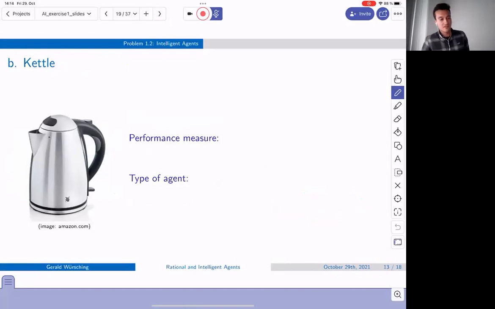So they're all correct answers. In this case, we just said the performance measure for a very simple kettle is whether the water is boiled. The idea of a kettle is that it should boil water. And this is related to boiling temperature, as somebody said. We just want to design a very simple kettle which boils water, and we just want to check if it's able to boil the water.